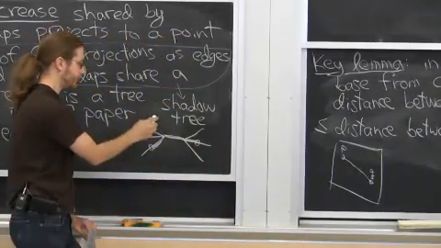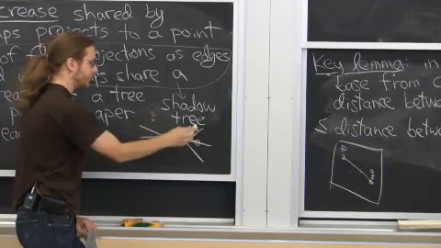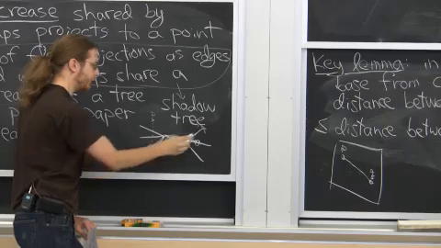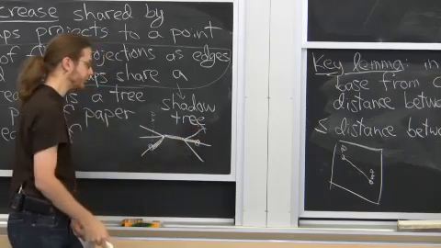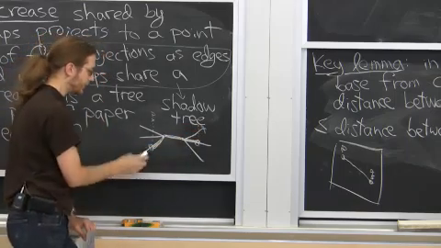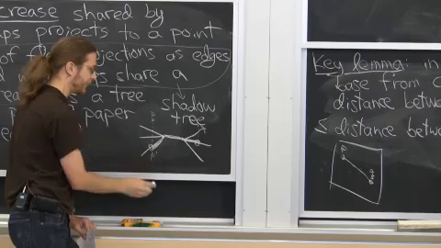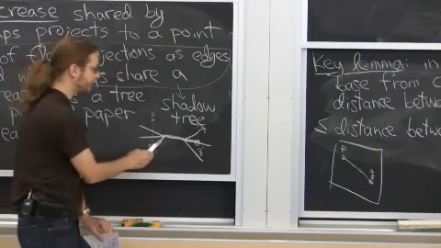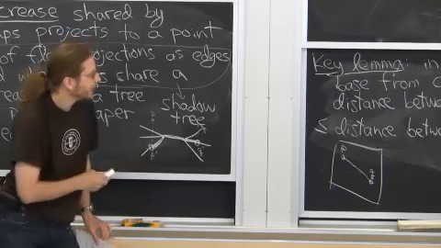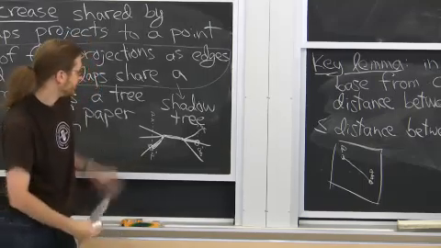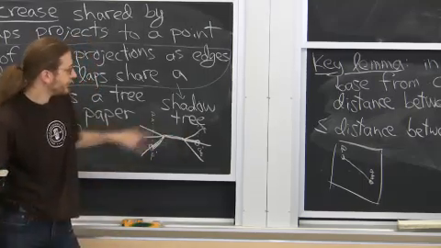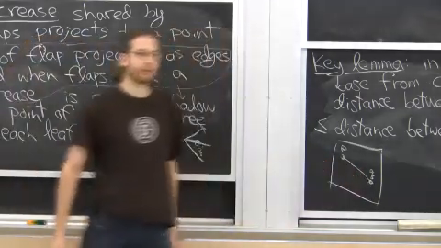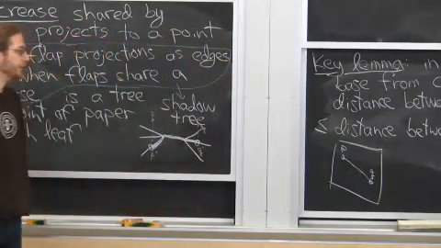So maybe there's a P up here and a Q up here. I project those points down onto the floor, which is going to fall on the tree by this definition. Call that, let's say, P prime for the projected version of P, Q prime. I measure the distance here. That has to be the distance between P prime and Q prime in the tree, and it should be less than or equal to the distance between P and Q in the piece of paper for every pair of points P and Q. That's the condition.